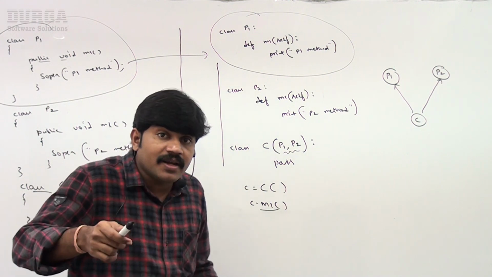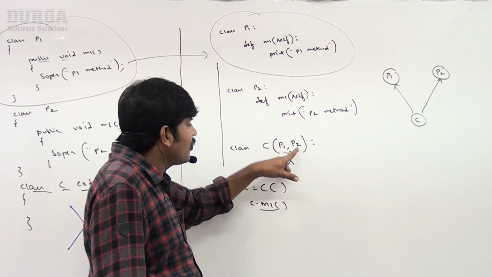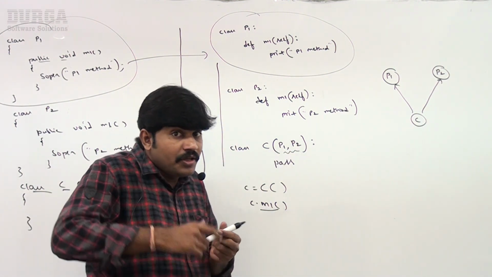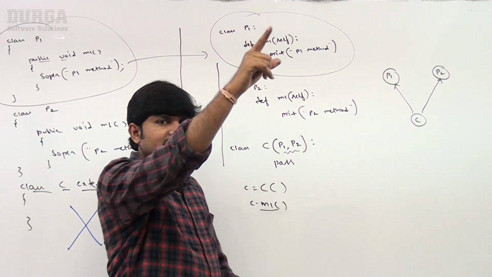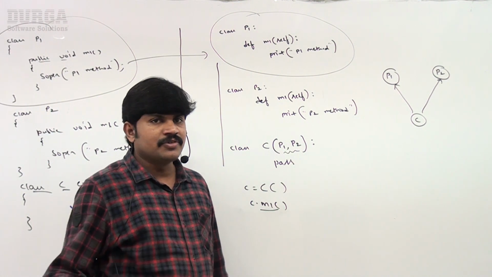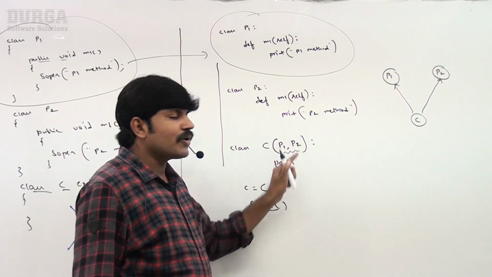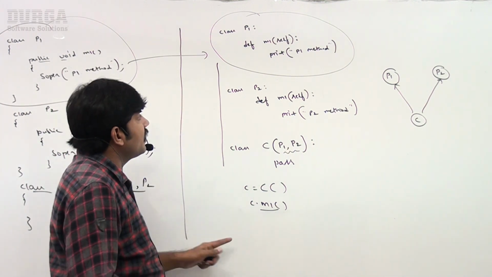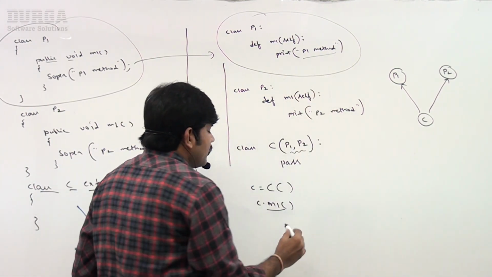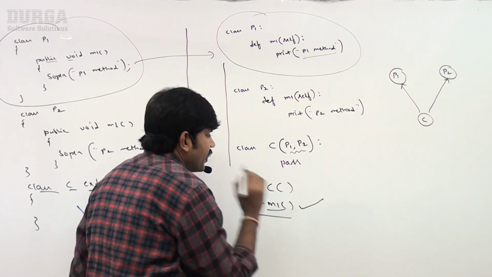If P1 doesn't contain that method, then only P2. So based on the order in which parent classes are declared, the corresponding method will come. P1 already contains it, so it never searches P2; the P1 method comes directly. This is the answer we get by default.